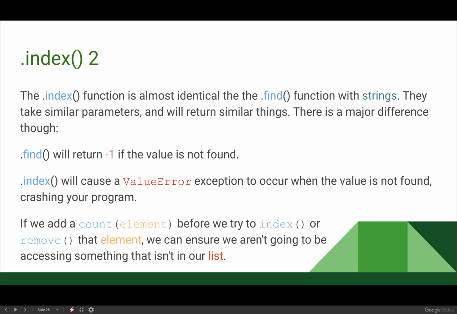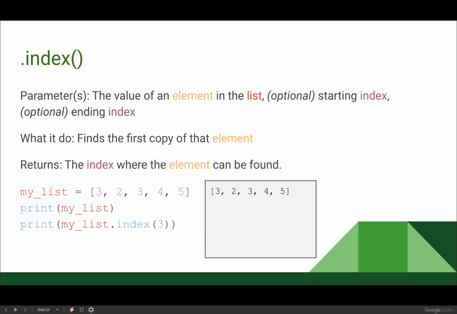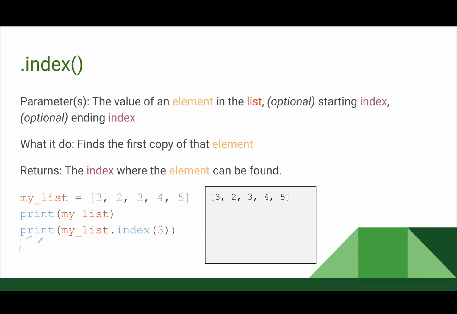So if I wanted to remove a 50, I could add if mylist.count(50) does not equal 0, then I can call mylist.remove(50).